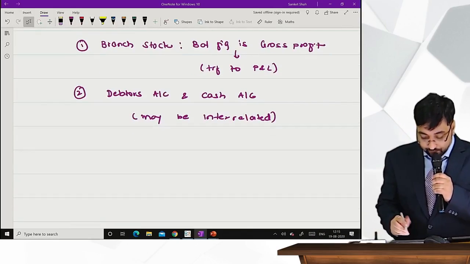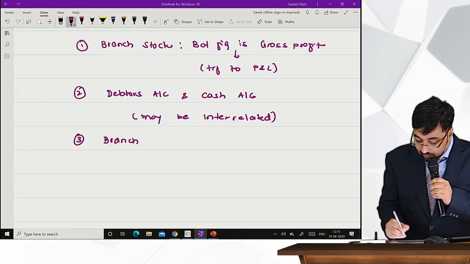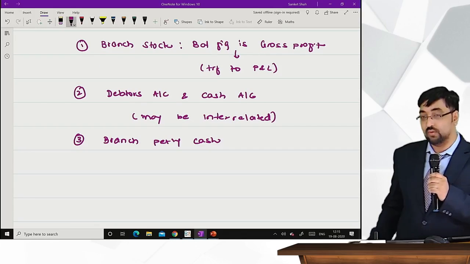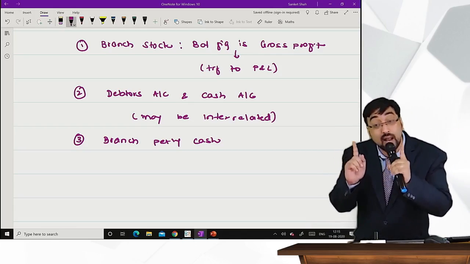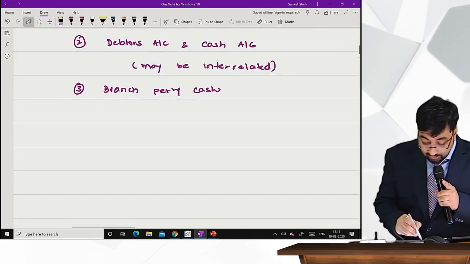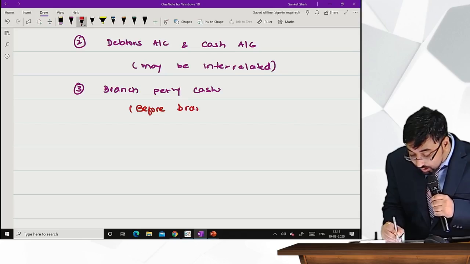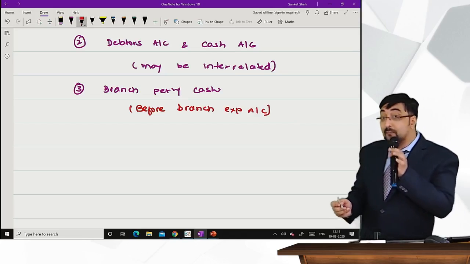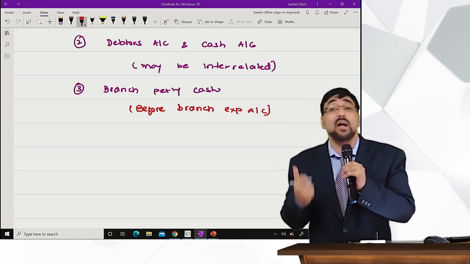Next one, branch petty expense or petty cash account. Branch petty cash before branch expense account. Remember, write it down with a red pen. Before branch expense account, because normally the balancing figure is expenses paid by branch.